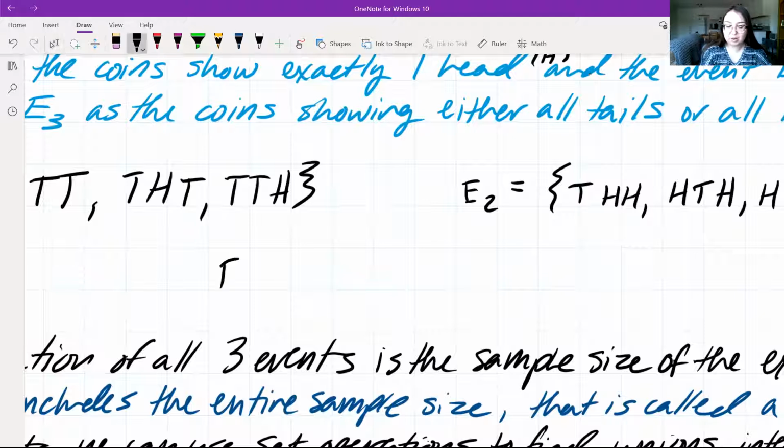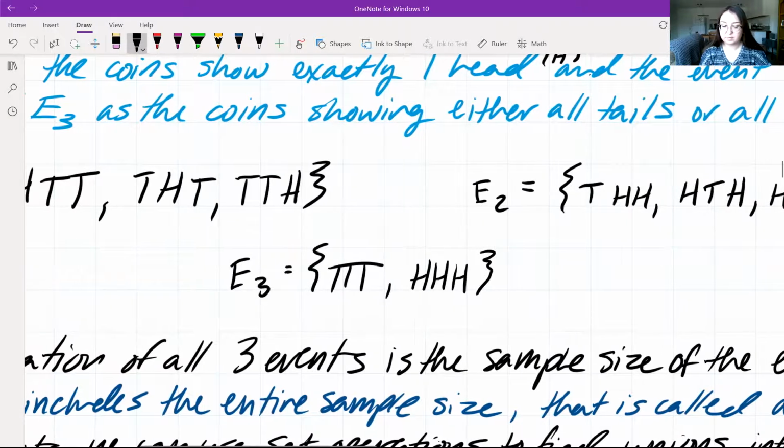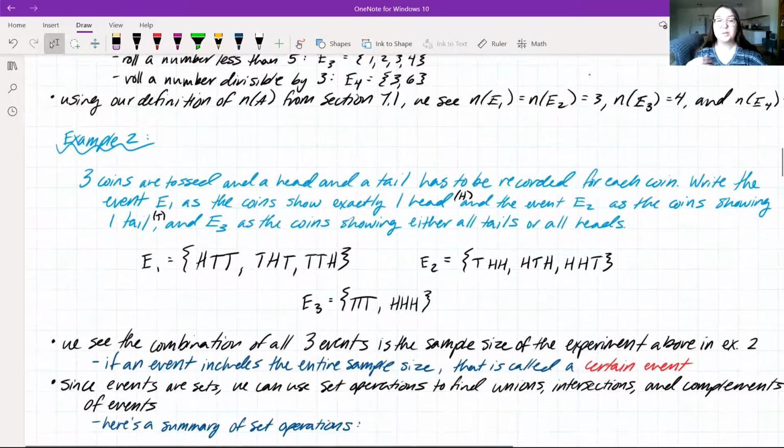So we know that E3 is just going to be the set of all tails or all heads. So in this case, if we wanted to know the number of elements, n(E1) would be 3. n(E2) would also be 3. And n(E3) would be 2. So it's only 2 elements.